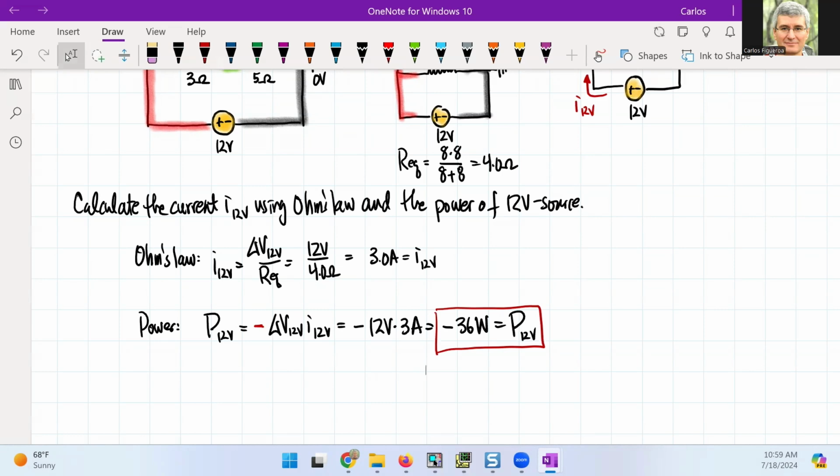Now, the second method here is using values already calculated.